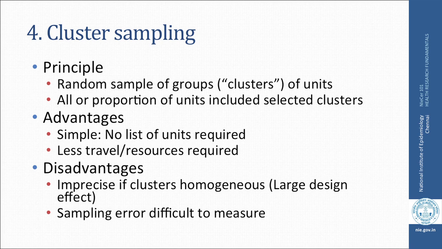An advantage is that it's simple, we don't require a list of units, and less travel or resources are required because you only collect within the clusters. The disadvantage is that if the clusters are homogeneous, it may result in a large design effect. All the people in the sample may have very homogeneous results, and sampling error is difficult to measure in cluster sampling.